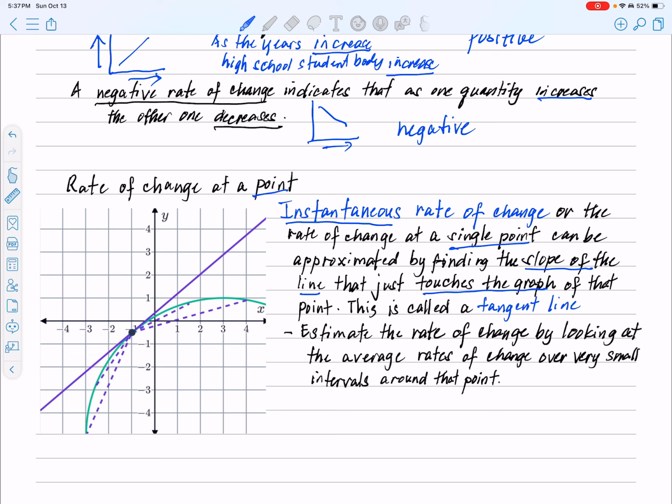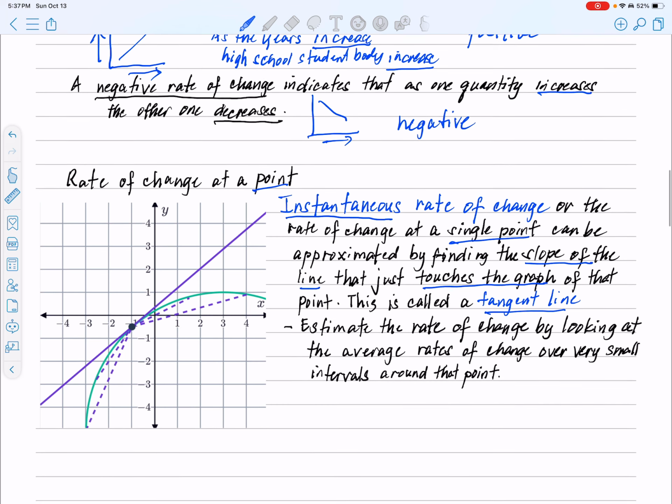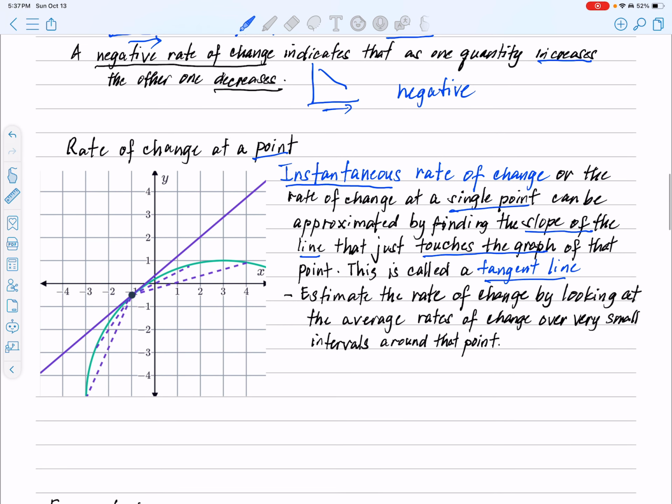The line that touches the graph is what we call the tangent line. So how are we going to do that? You estimate the rate of change by looking at the average rate of change over very small intervals around that point.